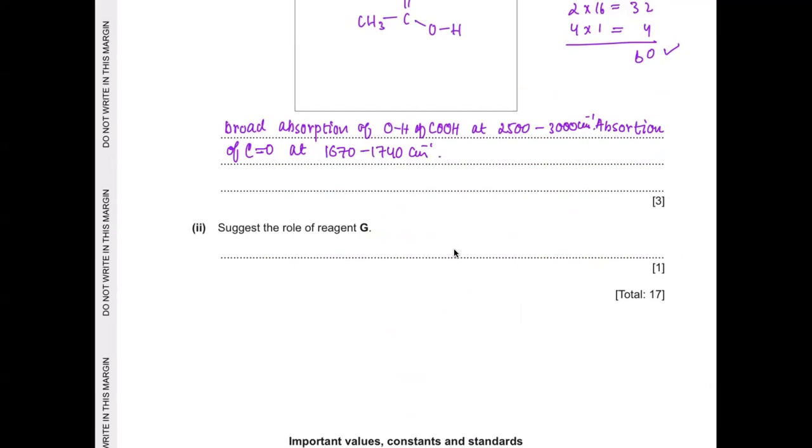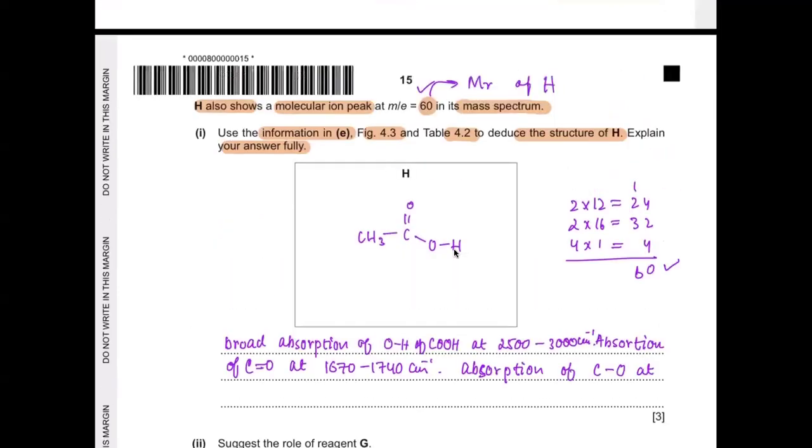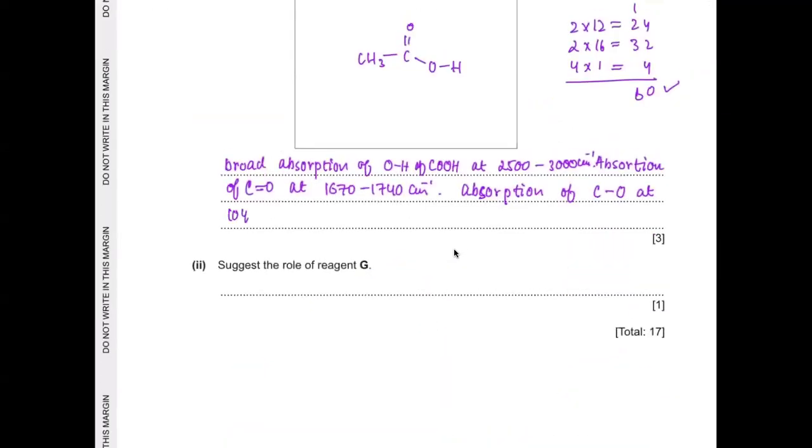Then absorption of C-O, and it was from 1042 to 1300 cm⁻¹, plus Mr is 60.